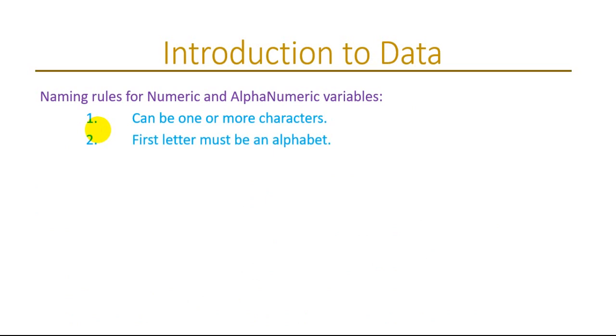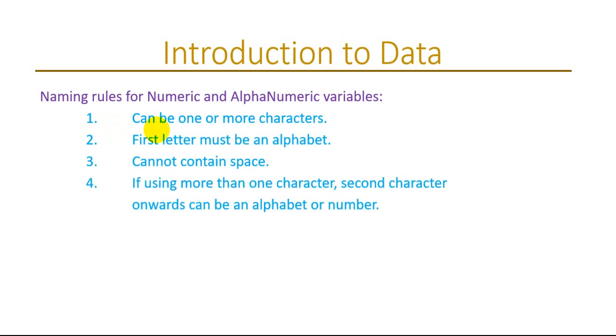But very important, the first character in a variable must be an alphabet. It can't have numbers. And a variable name cannot contain space anywhere. If using more than one character for a variable, second character onwards can be an alphabet or a number. So these things we will see in the example below.